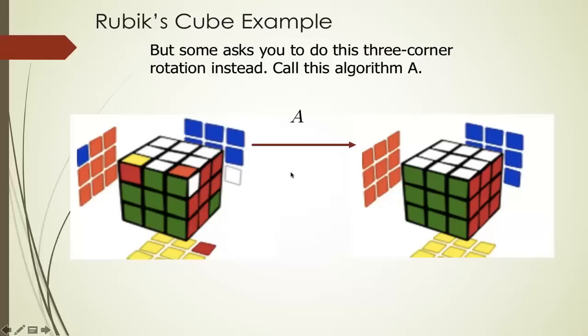So how do I use the easy algorithm to solve this hard algorithm? It should be kind of obvious now, because again, I know how to rotate these three, keeping everything else fixed. Now I want to rotate these three, so the solution should seem kind of obvious. So again, I know how to rotate these three, so if I can move this corner up here, I can apply my algorithm. So that's what I do.